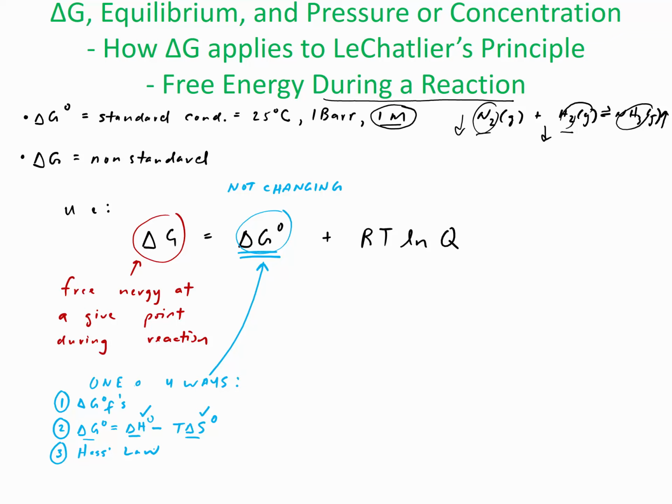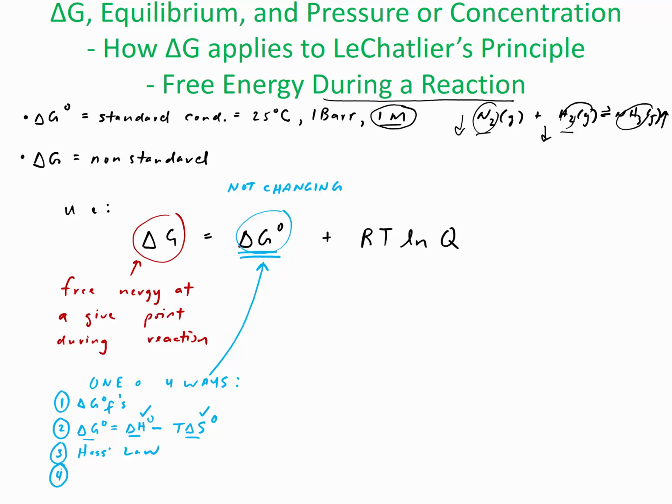Hess's law is uncommon, and in fact I've never actually seen that asked on an AP exam, as they tend not to ask about using Hess's law. But I will mention it in case you see it again in college.